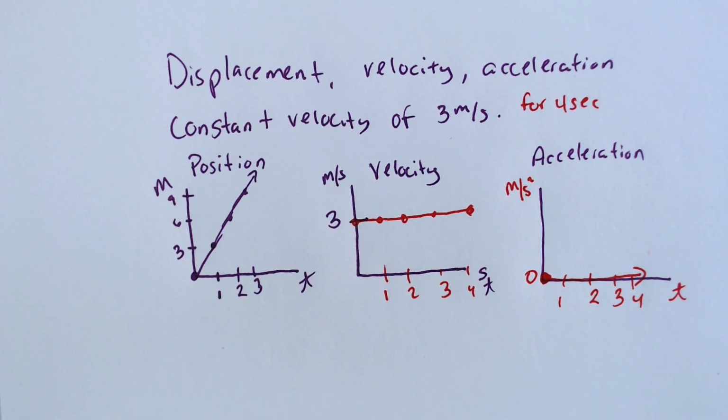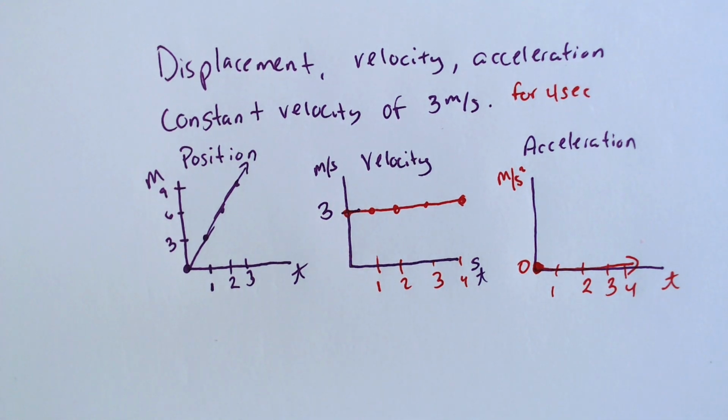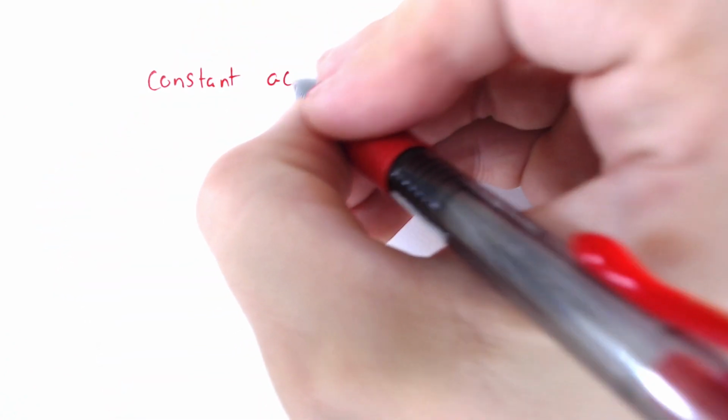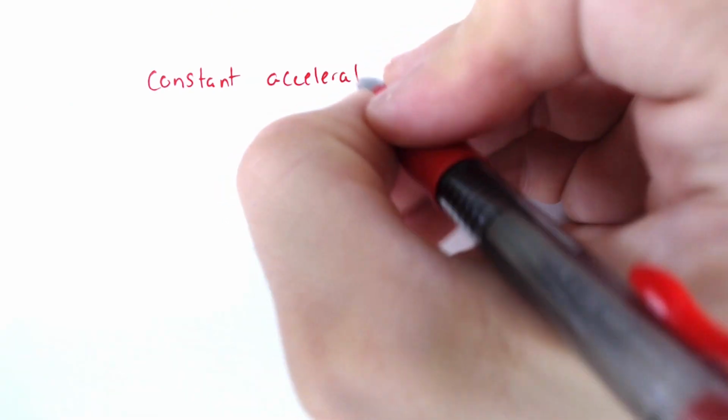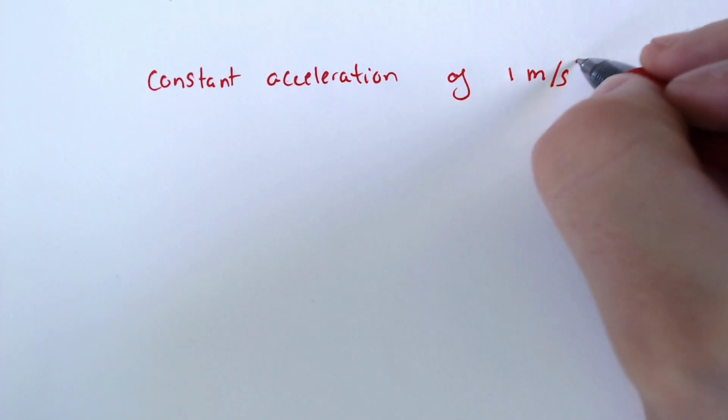The next problem we're going to be dealing with will have acceleration, and we'll be able to see all three in action. Okay? So let's say that for our next one, we have a constant acceleration of 1 meter per second squared.